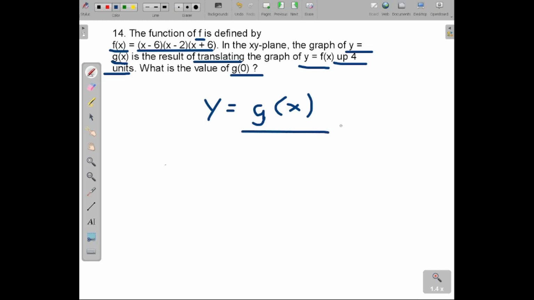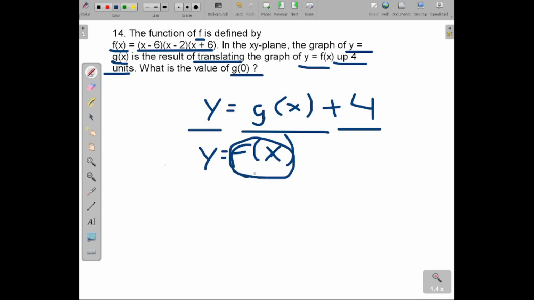So this function plus 4, because we are adding 4 units to the value of y. And we know that y is equal to f of x. So g of x is equal to f of x plus 4.